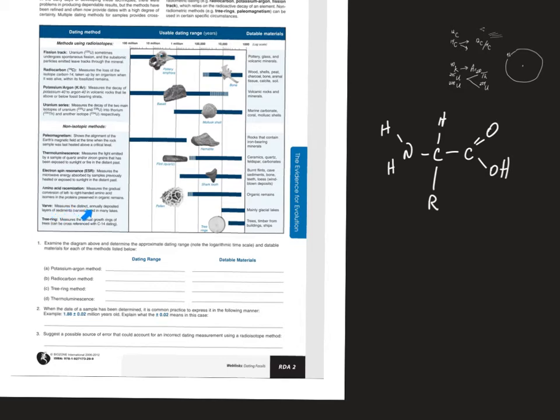Varve looks at the deposit layers of sediment found in a lot of lakes. They're called varves, right? And obviously you're only looking at glacial lakes, the lakes that were produced by glaciers. How much material was layered on top of the bottom of the lake as it was formed tells you something about how old that rock was.